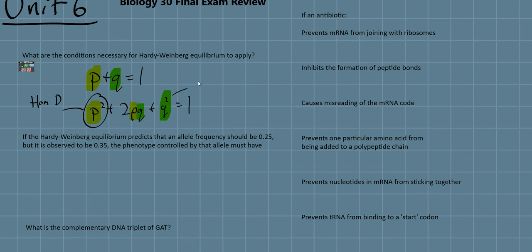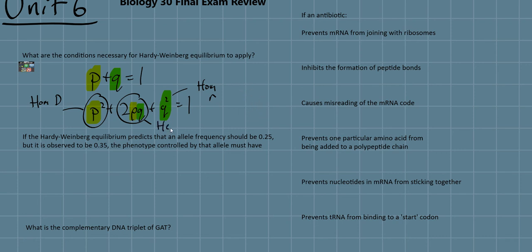For Q squared, this would be our homozygous recessive. And for 2PQ, this represents in our Punnett square this guy and this guy. So if this is our homozygous dominant and our homozygous recessive, depending how we set it up, these two are always going to be the same. And there's two of them, that's why.